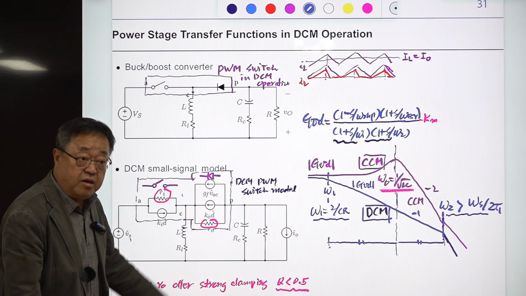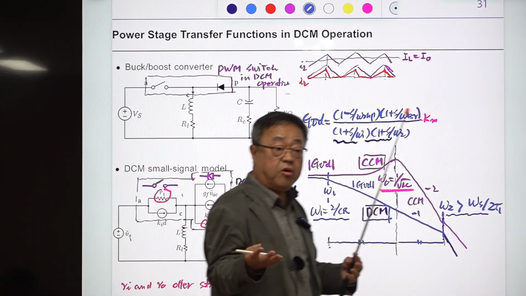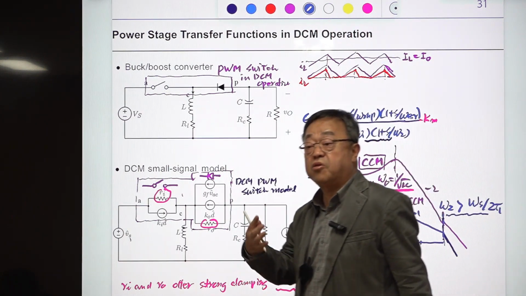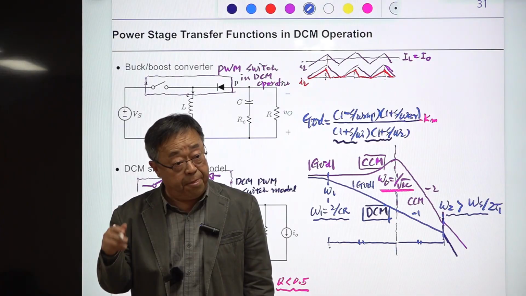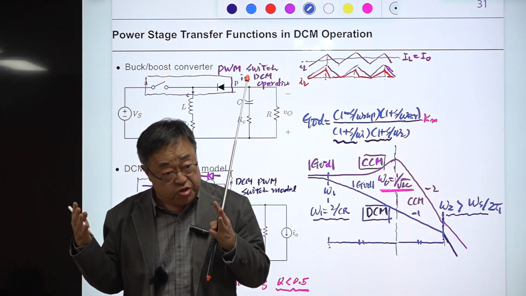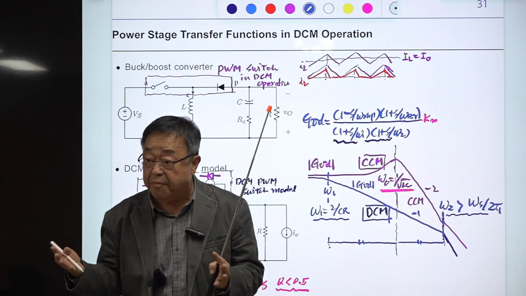But the operational region of your converter may span both the CCM and the DCM. Suppose your converter is designed for a specific load current, and you designed it for the CCM.